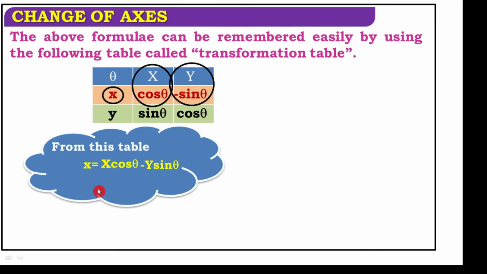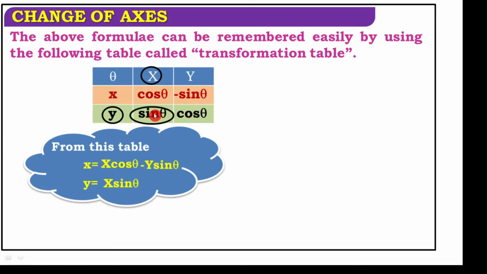So small x equals X cos theta minus Y sin theta. Similarly, small y equals X into sin theta plus Y into cos theta, which is X sin theta plus Y cos theta. Therefore small x equals X cos theta minus Y sin theta and small y equals X sin theta plus Y cos theta are called the transform equations.